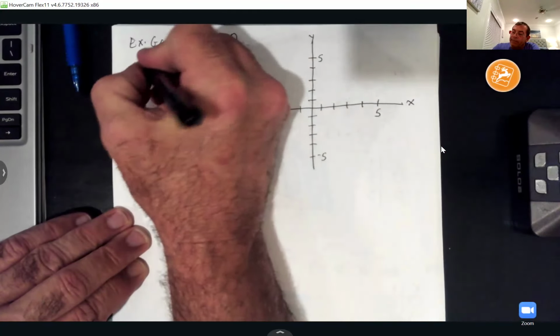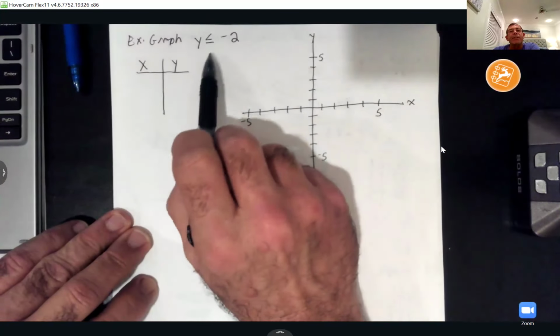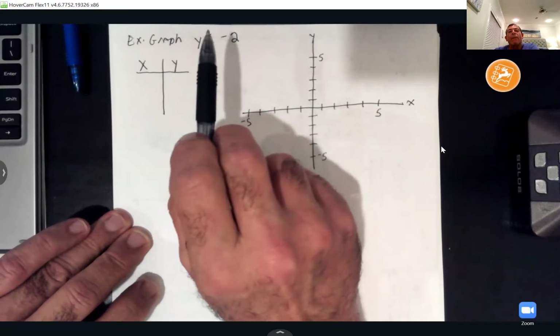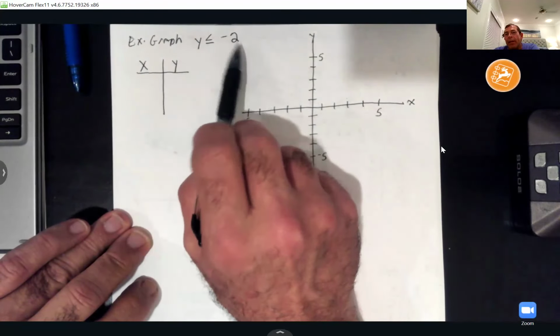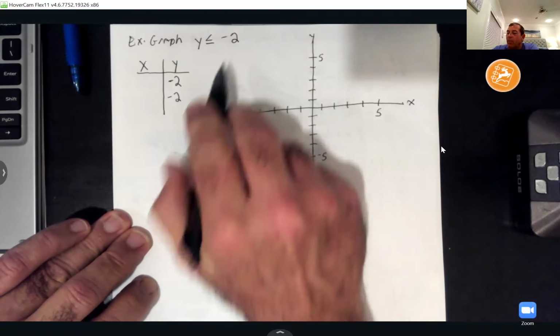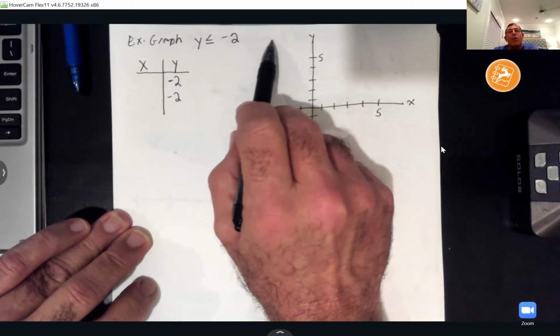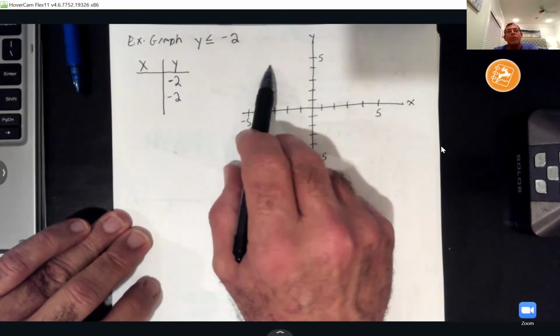All right. So since this is Y equal to a number, I know every single one of these Y values will be -2. Because remember, when we plot this, it's going to end up as a horizontal line. X's are vertical, Y's are horizontal.